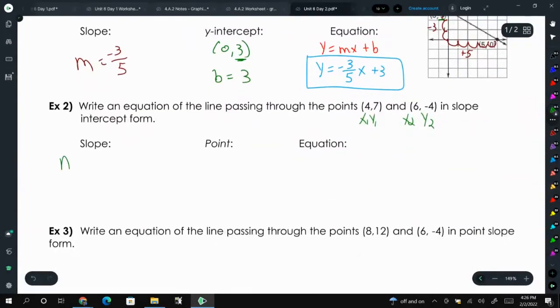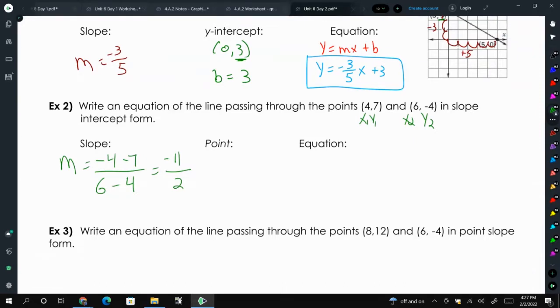So y2 minus y1, -4 minus 7, over x2, 6, minus x1, which is 4. So -4 minus 7 is -11, over 6 minus 4 is 2. Now we have our slope, where m is -11/2.